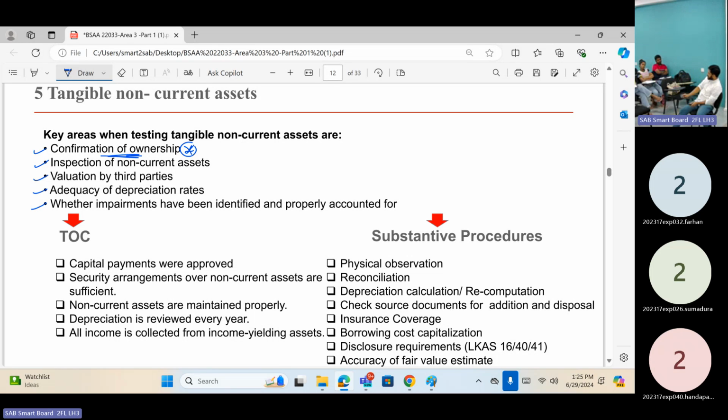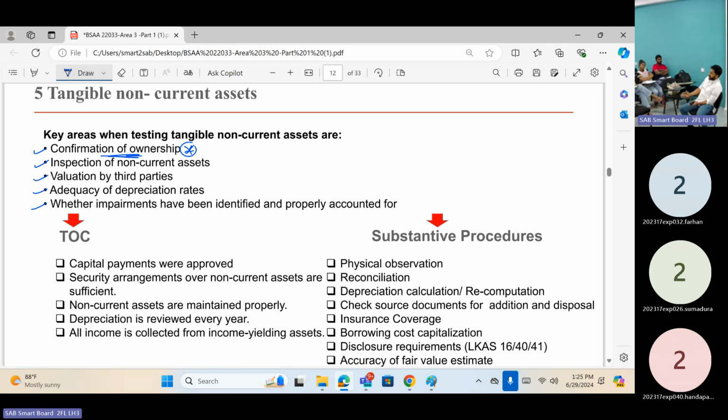That is wrong. What we have to do is reconcile both. And then whatever the amounts in the register should be tallied with the physical verification, right? That's the basic concept. Some of the companies keep their asset register in Excel format. Some of the companies are using a kind of system for depreciation and everything.